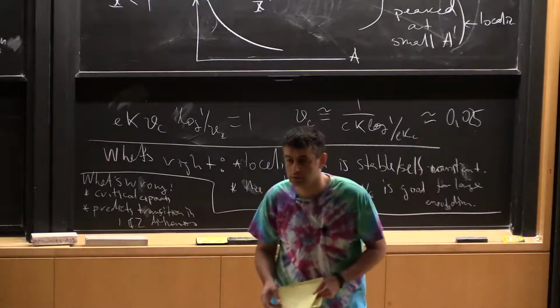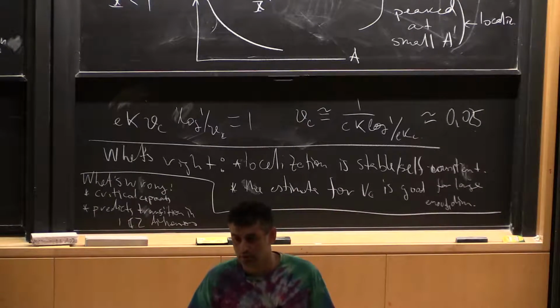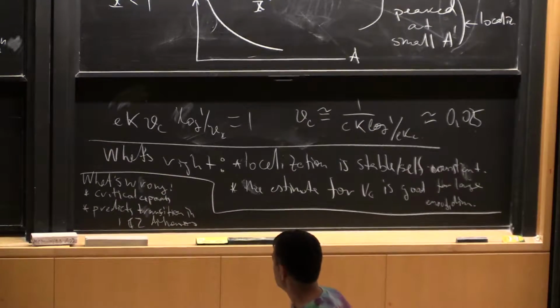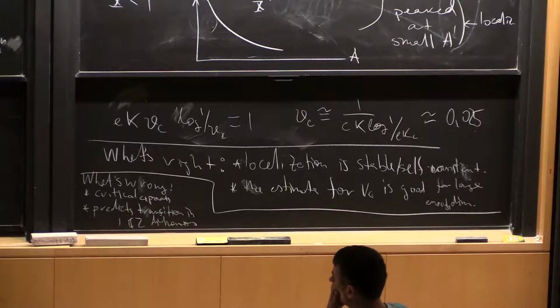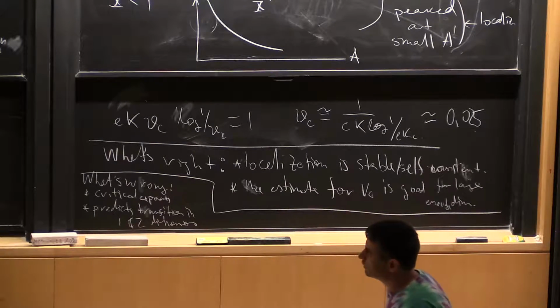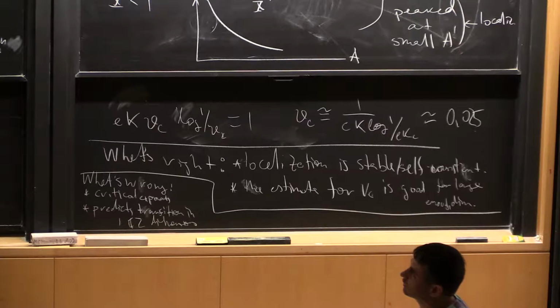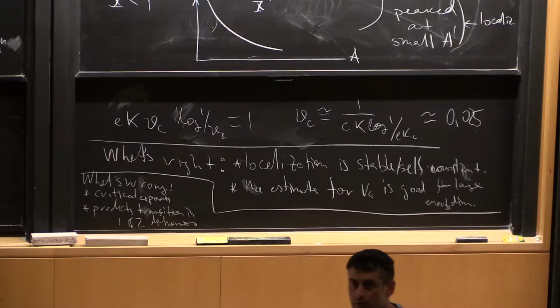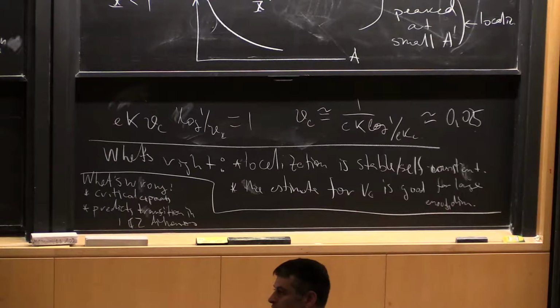Why does it predict a transition in 1 dimension? In 1 dimension, there's only one path. So you're saying that the distribution will not. I was thinking more generally, if you had further neighbor hopping. I see, so in 1 dimension it wouldn't predict the transition?